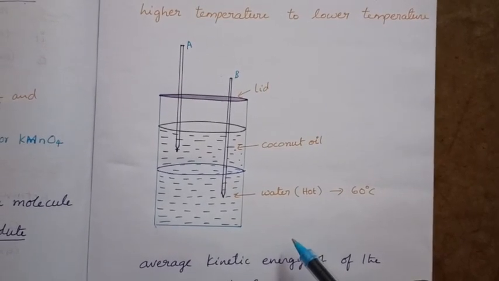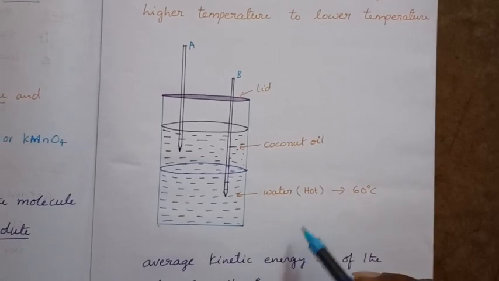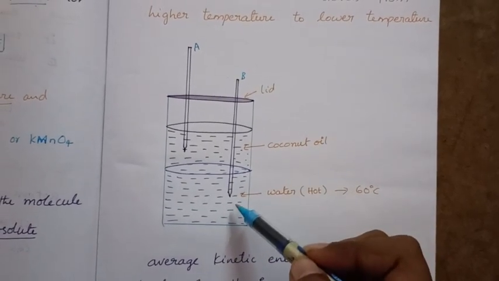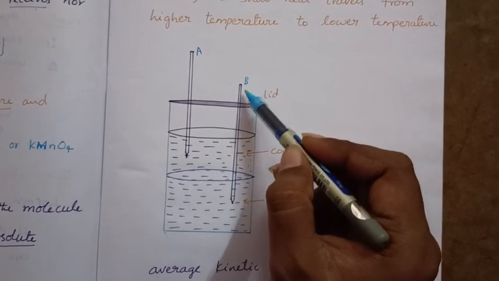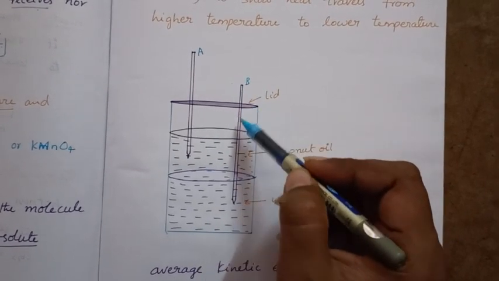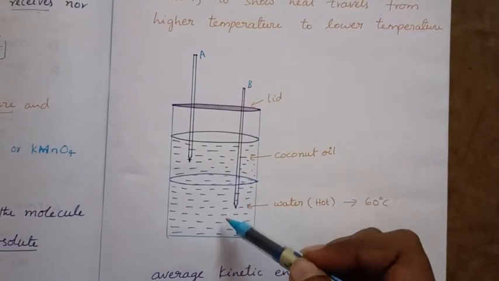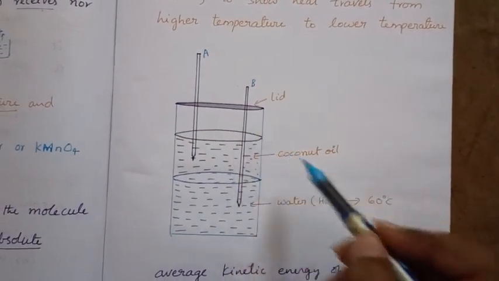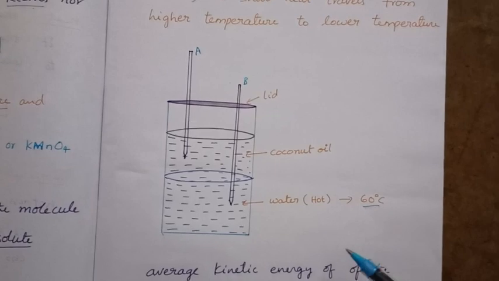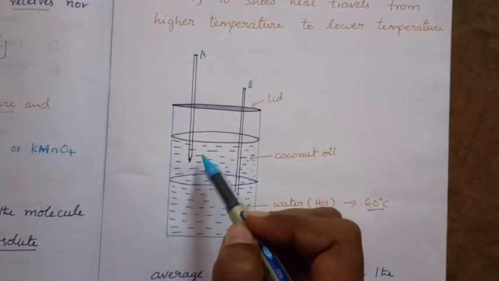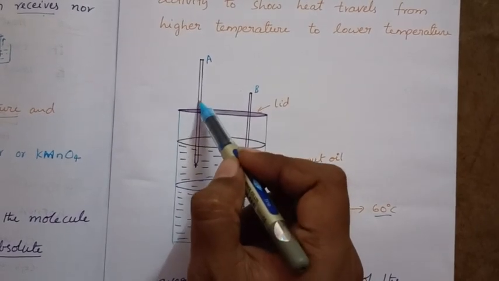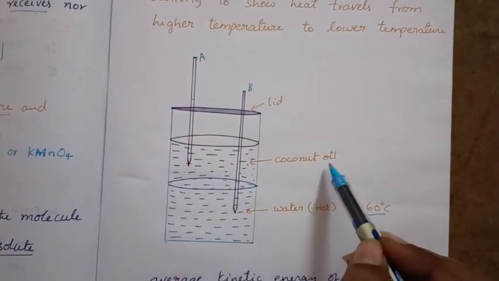Now, if you observe continuously, the mercury level in thermometer B will decrease. Initially when we place it, it increases and shows the temperature of the water. And when we insert thermometer A in coconut oil, its level increases and shows the temperature of the coconut oil.